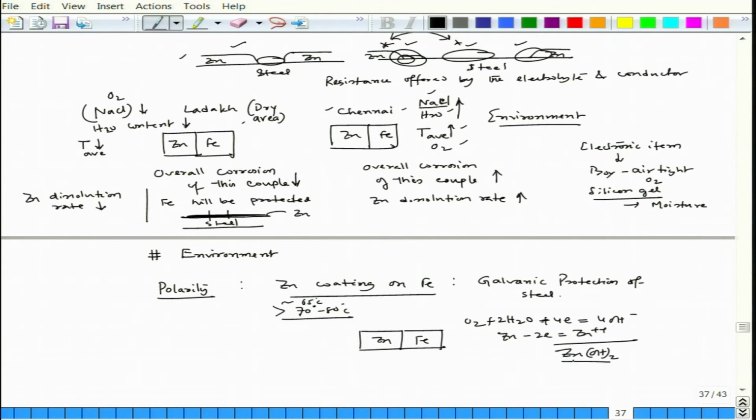Now, below that temperature this phase forms. Beyond that temperature, the product becomes ZnO, zinc oxide.